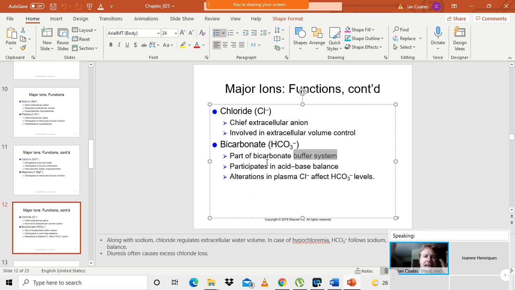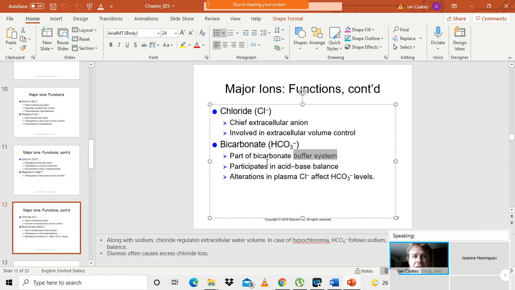Now I can add acid to this system and the pH will not change. I can now add base to this system and the pH will not change. So a buffer is a substance that resists the change in pH.